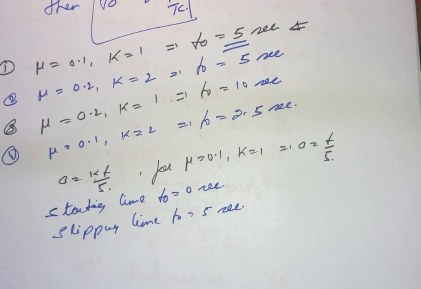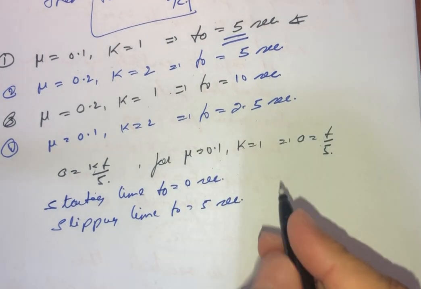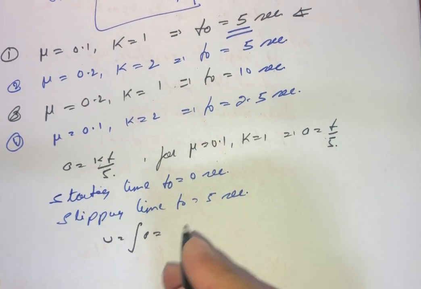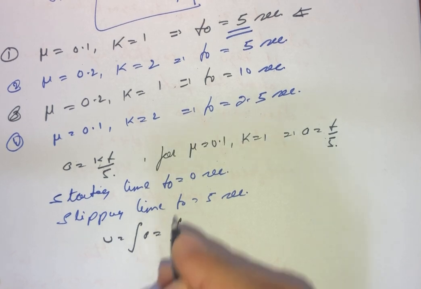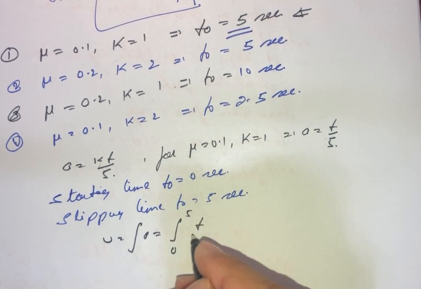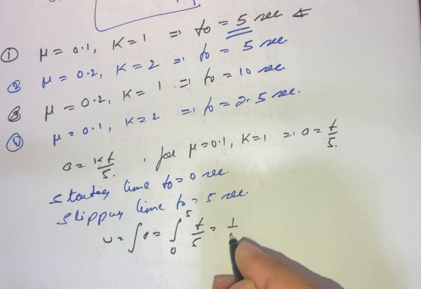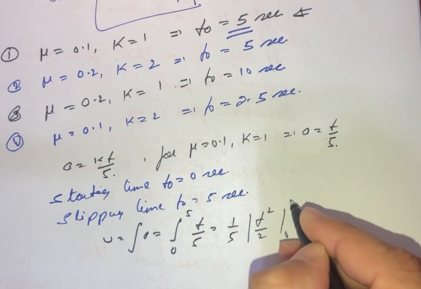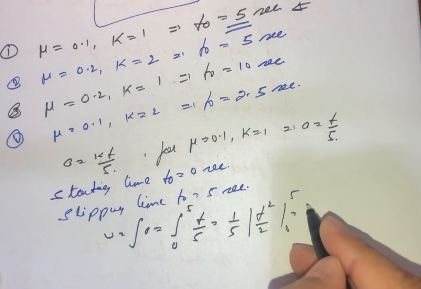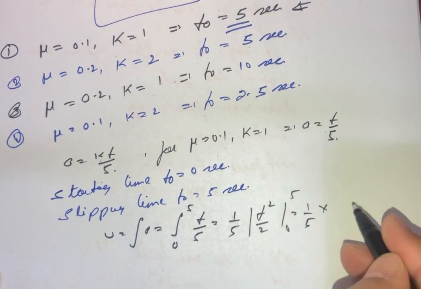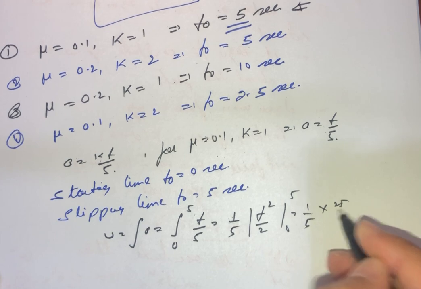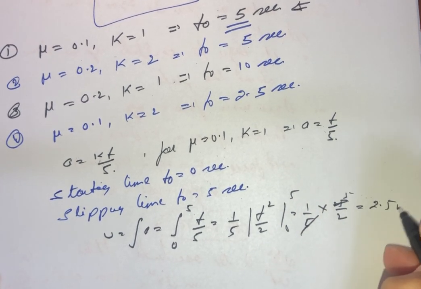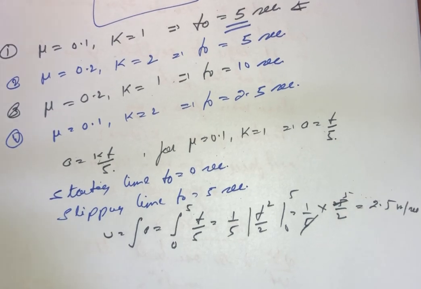So we are going to find our velocity. Velocity v will be equal to the integration of a, which is the integration from 0 to 5 of t upon 5. So this will be 1 upon 5 times t square upon 2, from 0 to 5. This is 1 upon 5 times 25 upon 2, and this comes as 2.5 meter per second.